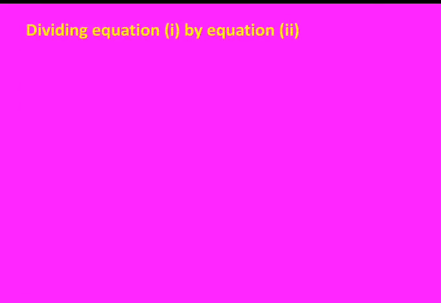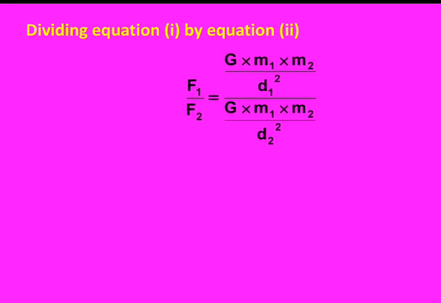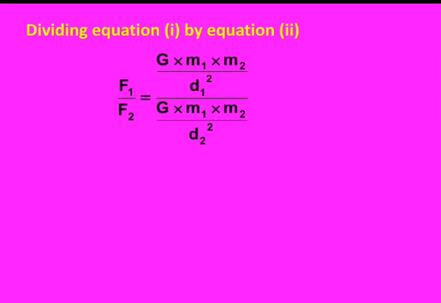Dividing equation 1 by equation 2, F1 upon F2 equals capital G into M1 into M2 upon D1 square whole upon capital G into M1 into M2 upon D2 whole square.